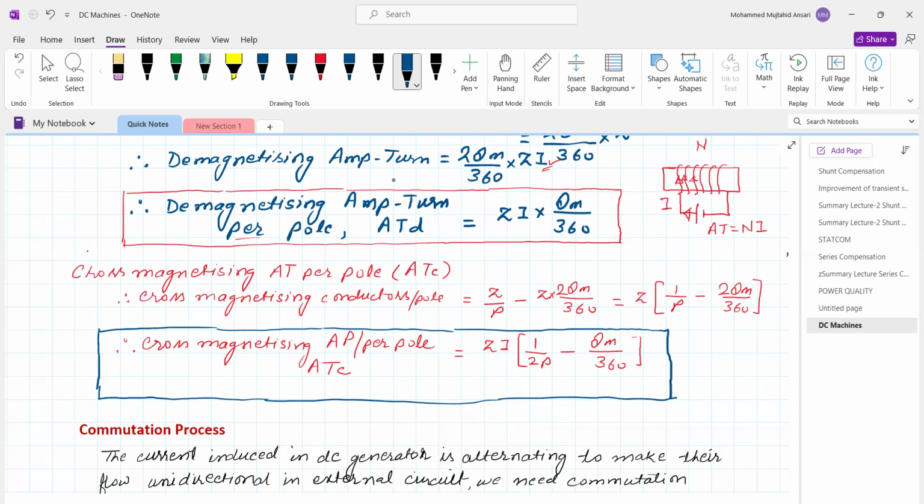Therefore, we can do the compensating winding. That compensating winding may be placed on the main pole or in the interpole, which we have considered.